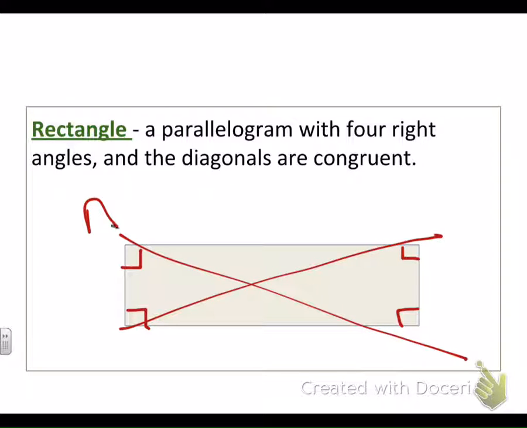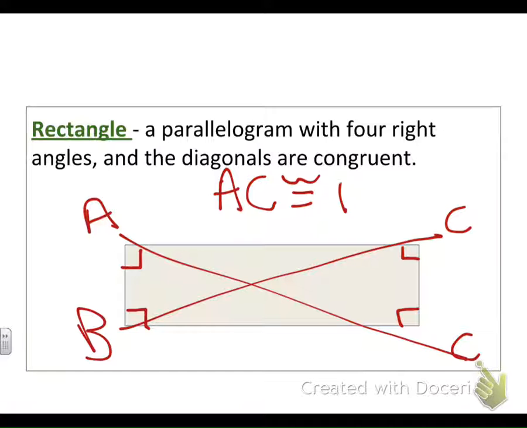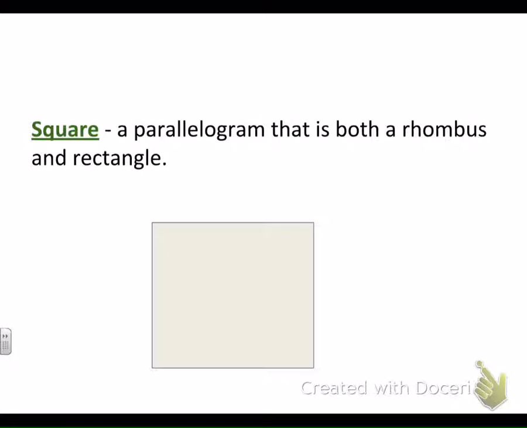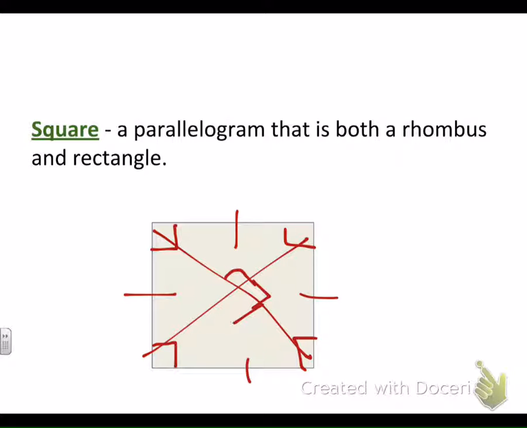So if this is ABCD, AC is congruent to BD. A square is a parallelogram that is both a rhombus and a rectangle. So all those other properties are the same. So the right angles, all the sides are congruent, and the diagonals form right angles. So the diagonals are perpendicular.